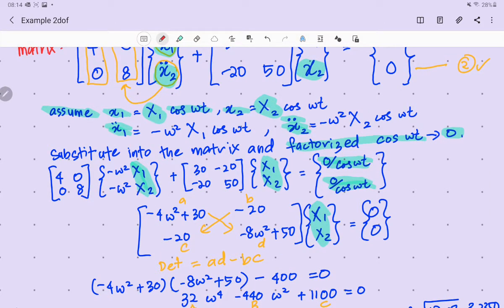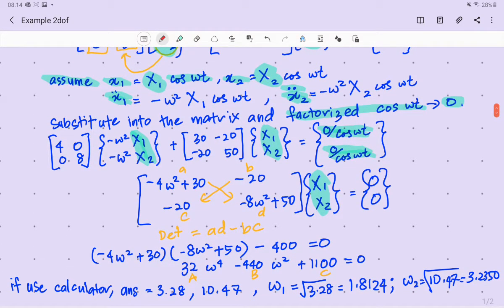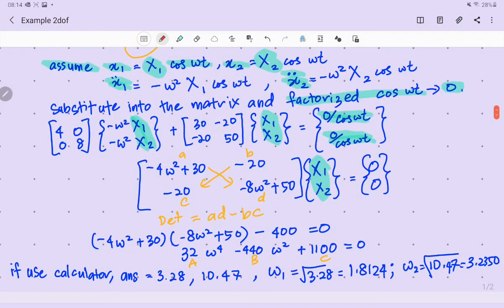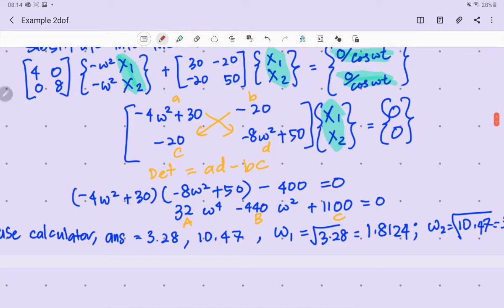So how do you find the determinant? Basically, if you represent it as A, B, C and D, your determinant is A times D minus B times C. So from there you can calculate the determinant. So basically this is your determinant.